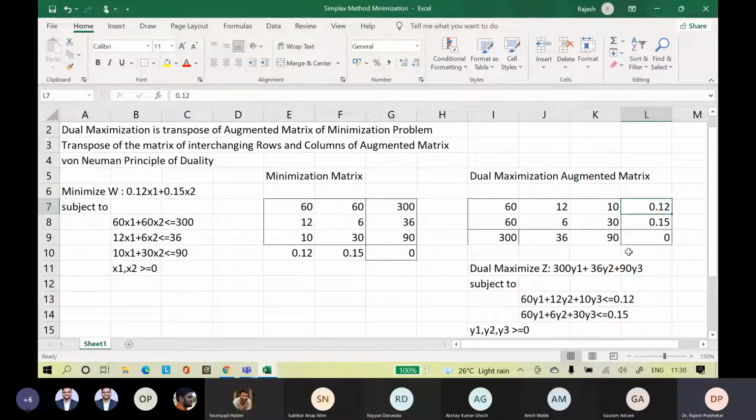So in the last row, you will get x1, x2. So the simplex method will be applied on the dual maximization problem. We will have to rewrite the whole problem and implement the same simplex method.